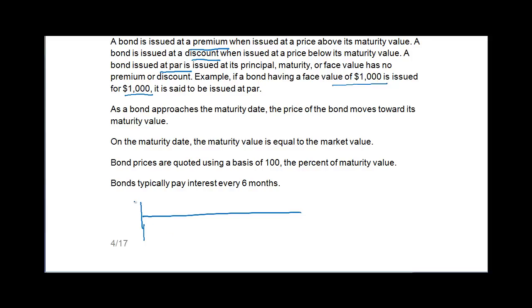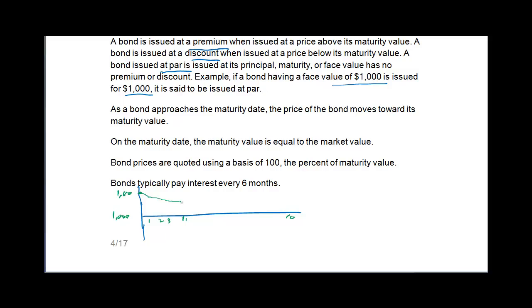So let's look at something over time. Let's say a bond is sold at a premium. Change colors here. So the bond is sold initially at a premium. This is the face value down here, $1,000, and it's sold for $1,100 or $1,110, whatever, at a premium. Well, over time, 1, 2, 3, 4, all the way up to 10. Let's say it's a 10-year bond.